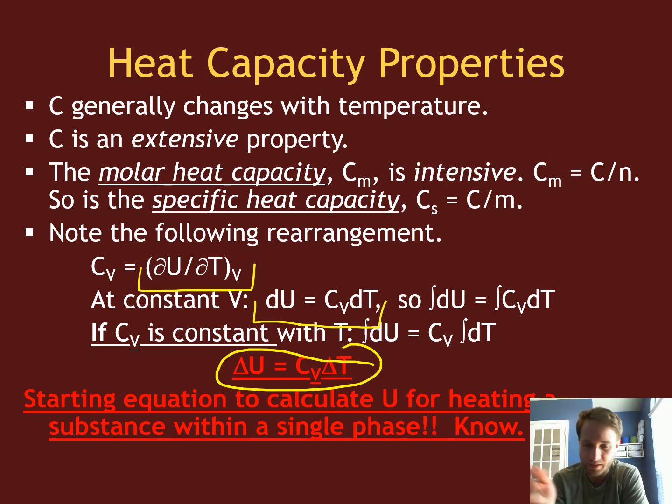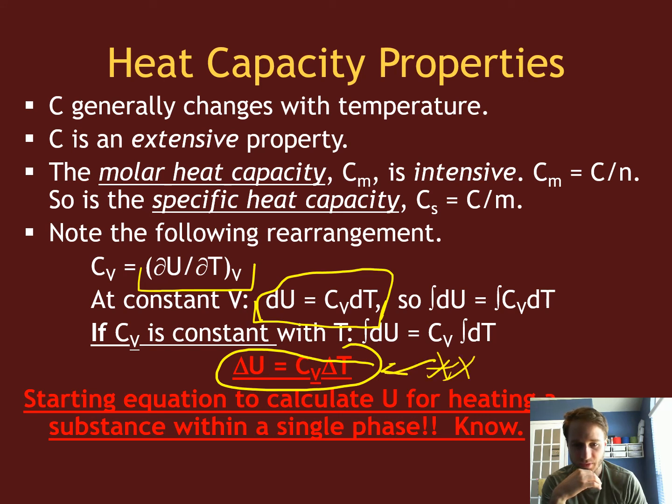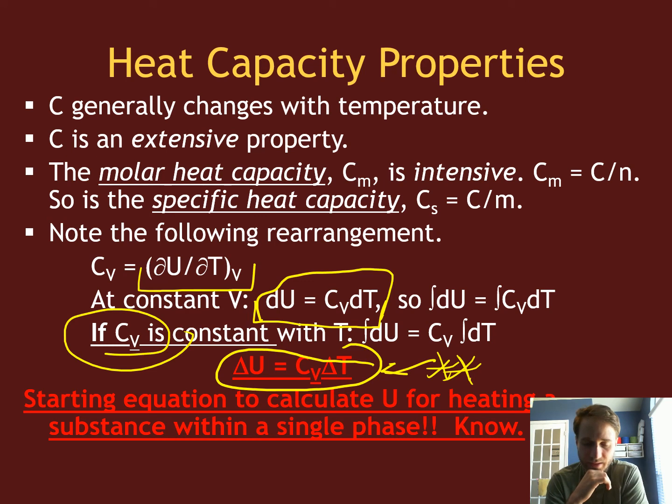If the heat capacity changes, then that formula is slightly different. The equation dU = Cv dT is in general true for any type of change in state. This one here is specifically true if Cv is constant, so at constant Cv, delta U is equal to Cv delta T.